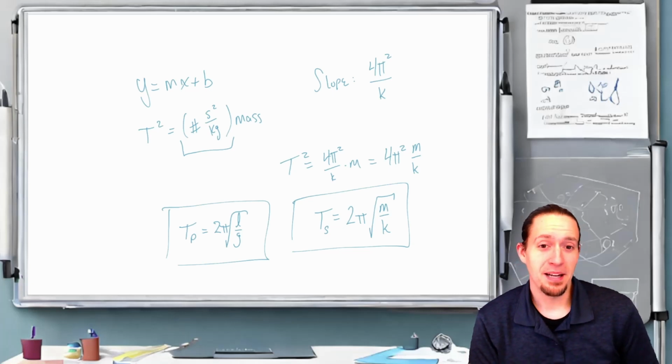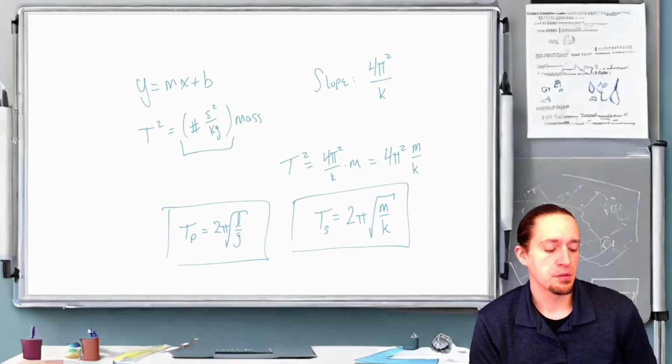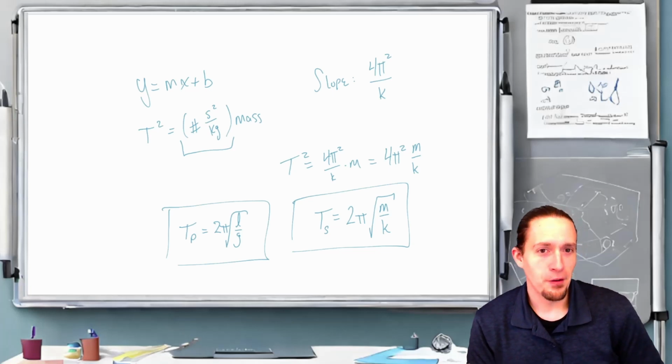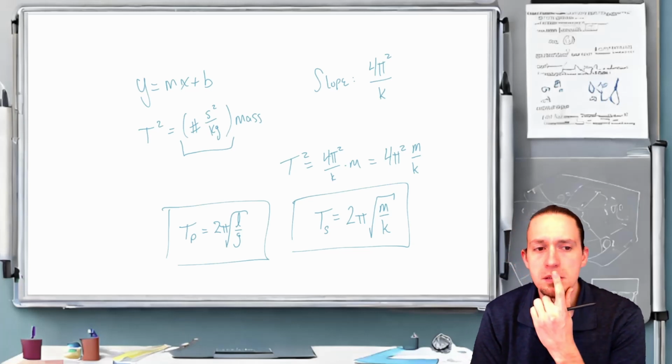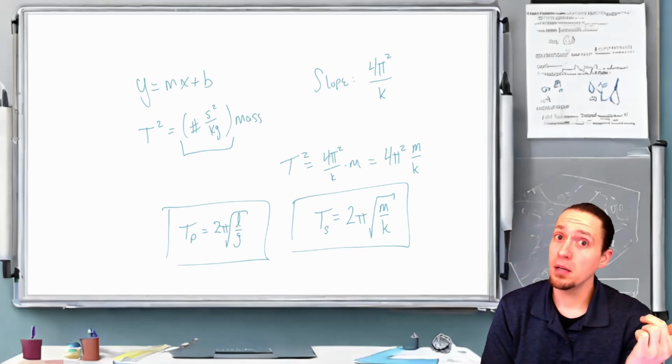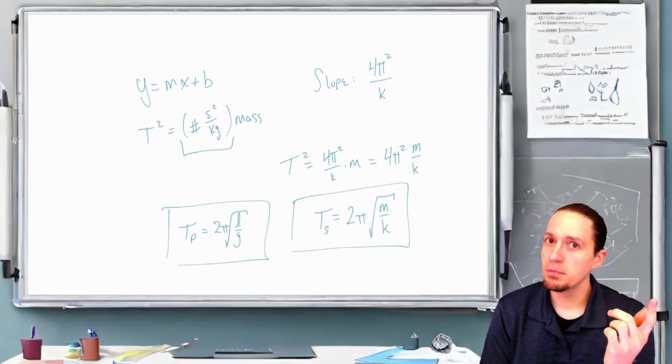And the denominator is the thing that correlates to the restoring force, where little g correlates to Fg equals m times little g, and k correlates to Fs equals kx, or Hooke's law. Very interesting. The 2 pi there, what is it? How many pizzas I want? How much pie there is at a family gathering?